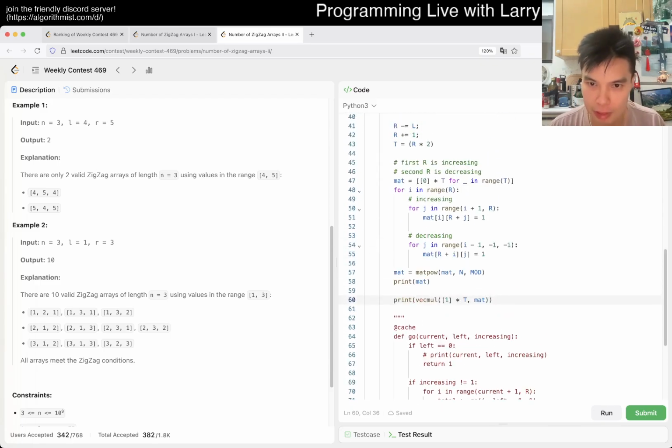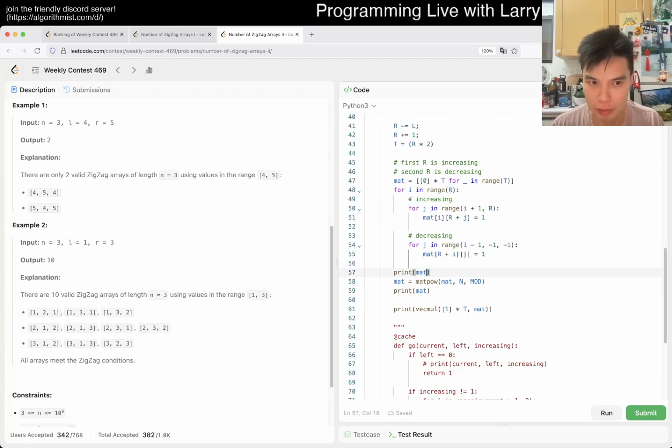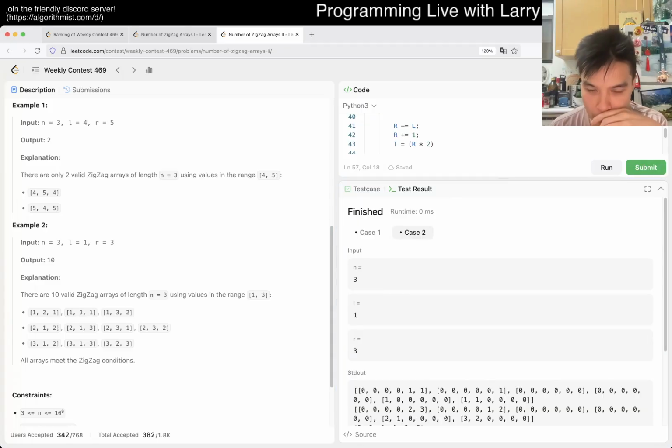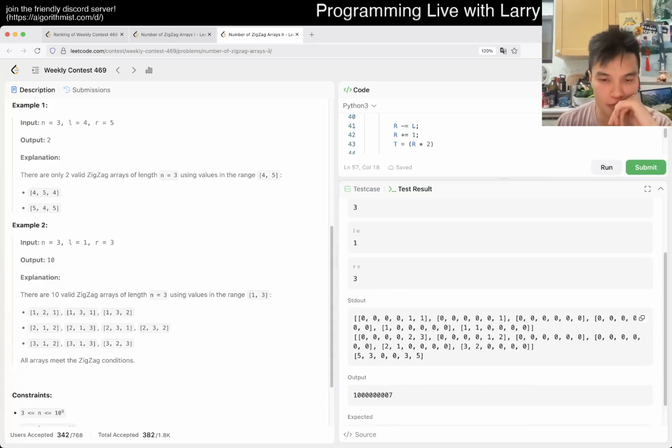It's not quite right. Let's do it without the power first. So what is this saying? This is saying that the 0 number, if it's increasing, it goes to the decreasing, or it counts from the decreasing, right? The idea is roughly right, but I'm not doing it right at all.